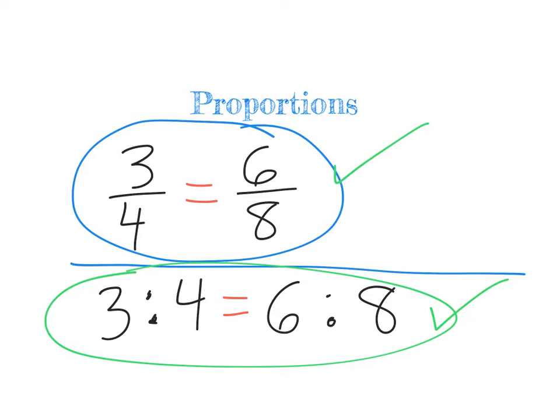Let me show you what I mean by that. You can write it either way. Sometimes you'll see it written as a fraction, sometimes as ratios. They are interchangeable, they are one and the same. The fraction 3/4 is the same thing as the ratio 3 to 4, and the fraction 6/8 is the same thing as the ratio 6 to 8. A proportion is when the two fractions, or ratios, are equal to one another.